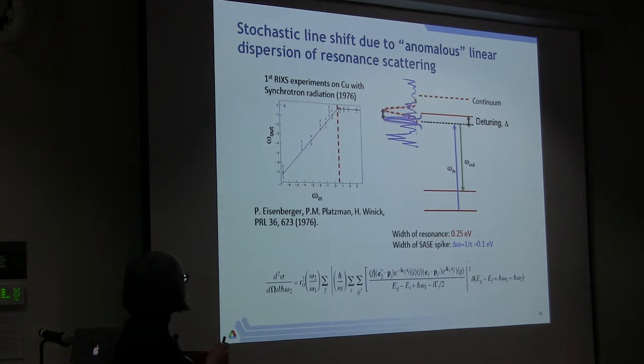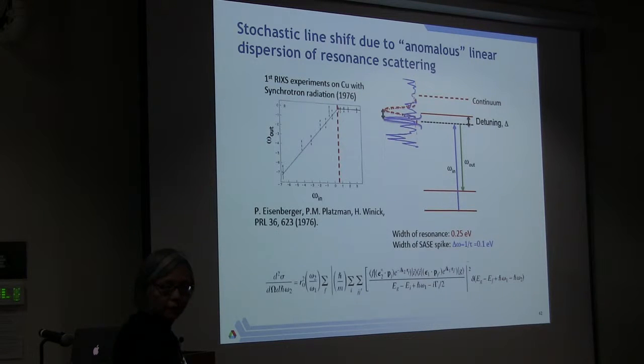As I said, the wider community is really interested in this because when you're doing this inelastic scattering, below this edge, when you have a resonance, there's a dispersion of omega in with omega out because the final state energy is always the same.